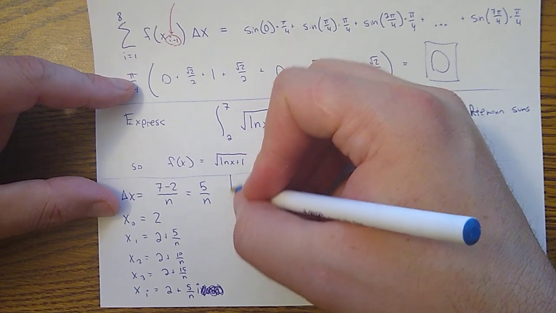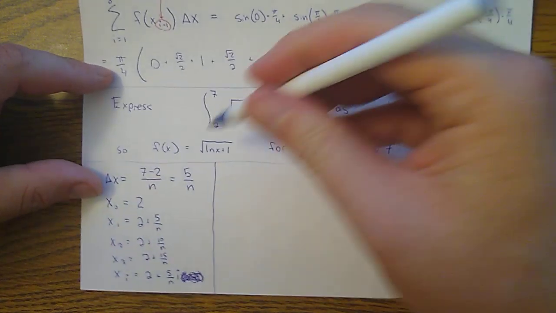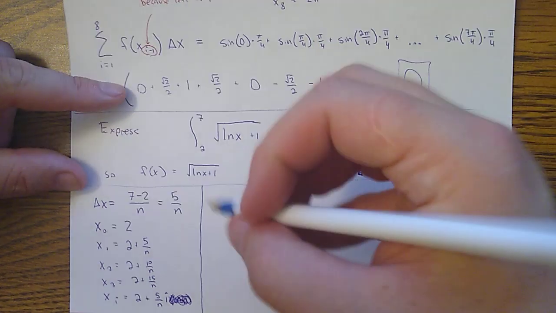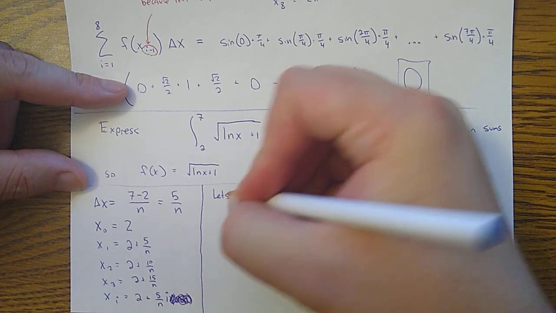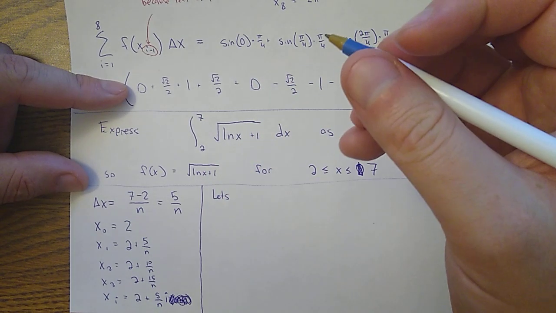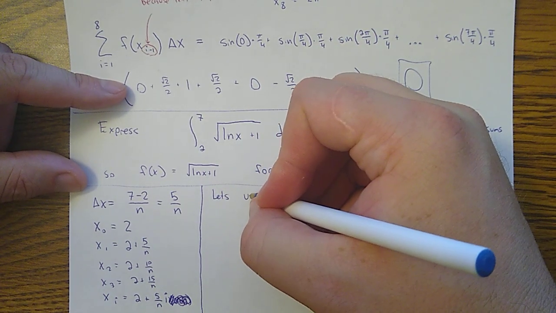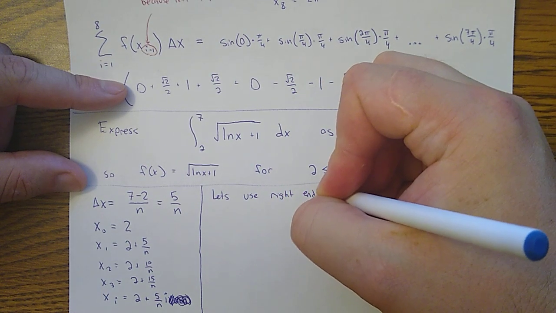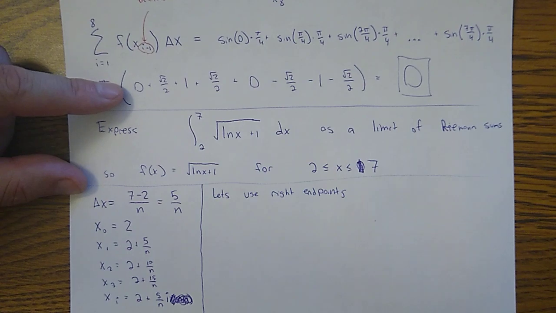So we were also not told whether we should use left endpoints or right endpoints or midpoints or what. Let's use right endpoints, and I would recommend this in general, that this is just easier. Why is it easier?